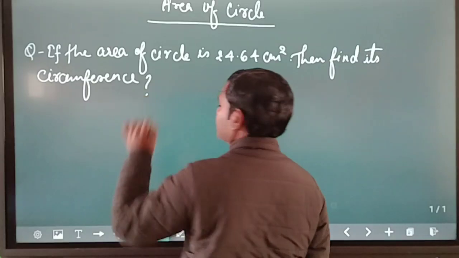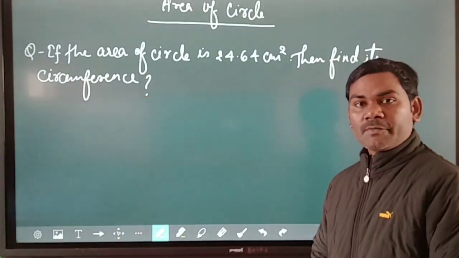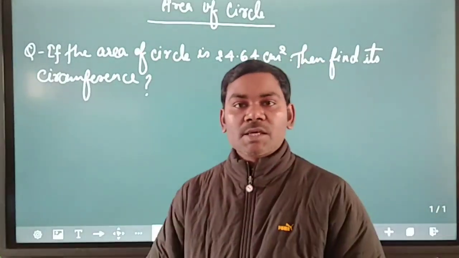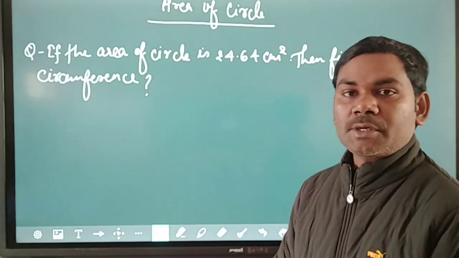So this is the question. We have to find out the circumference of a circle whose area is 24.64 centimeter square.